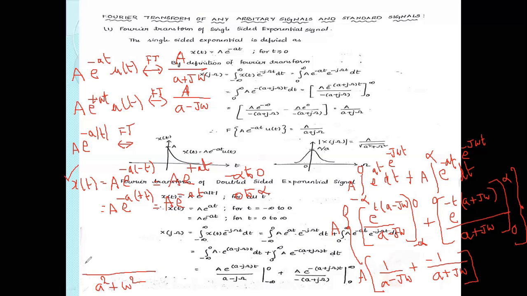In the numerator, (a plus j omega) minus (a minus j omega), so a and minus a get cancelled. Finally, we get 2j omega by a square plus omega square. This is the Fourier transformation of e power minus a magnitude of t.